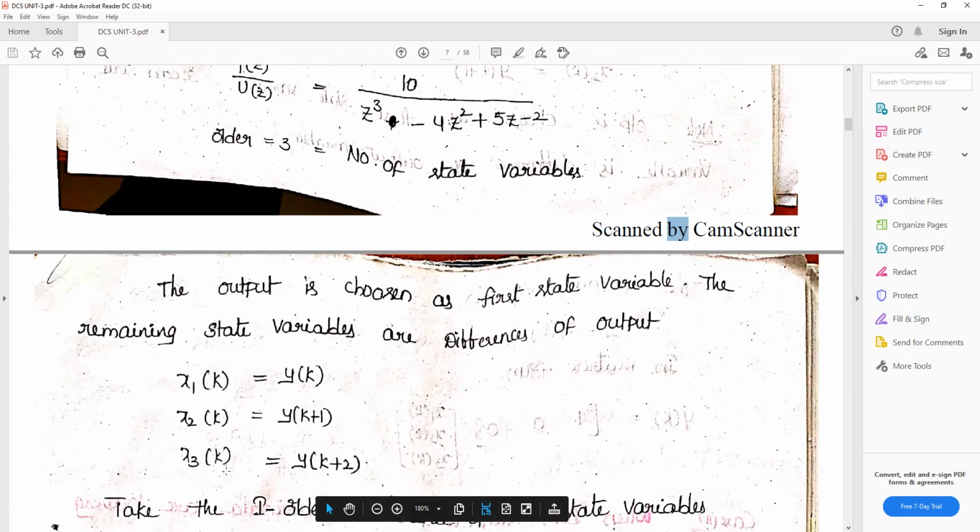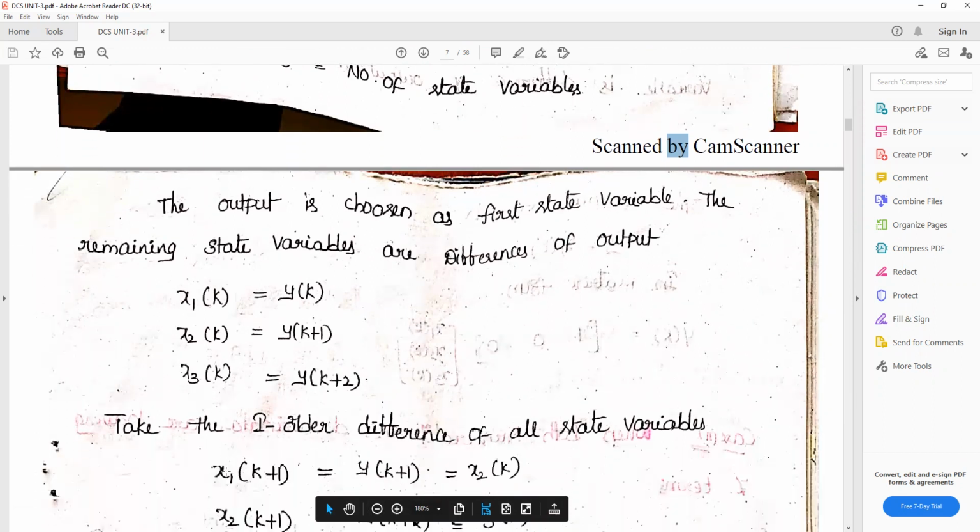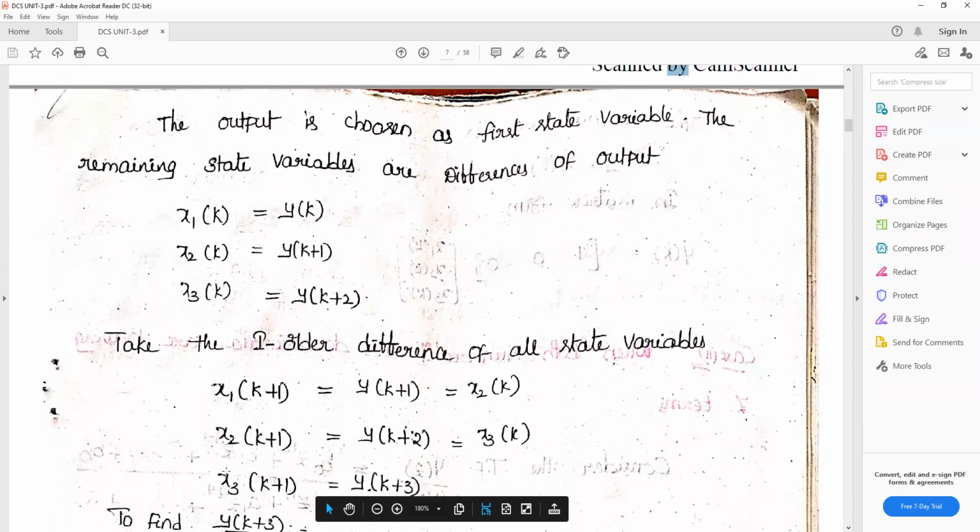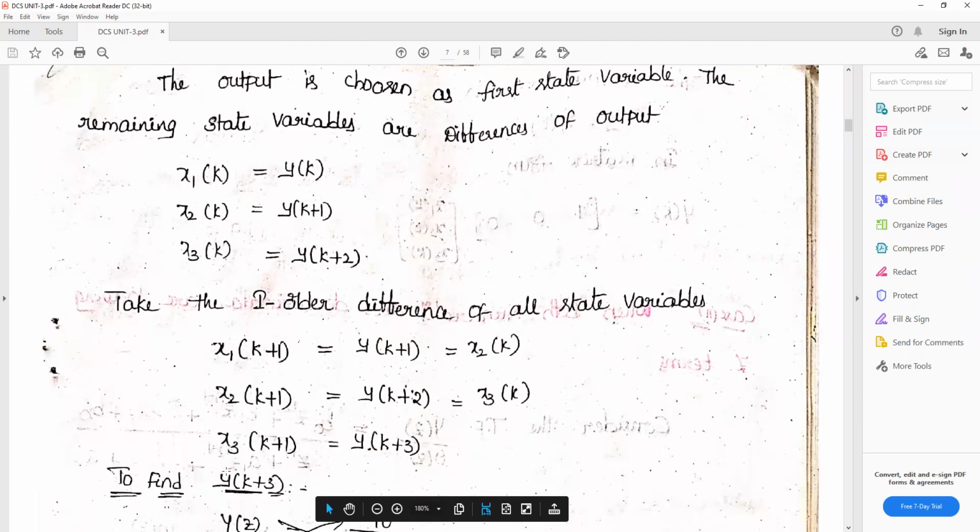The state variables are chosen from the differences of the output, so take the first order difference of all state variables. x1 of k plus 1 is equal to y of k plus 1, which is equal to x2 of k.